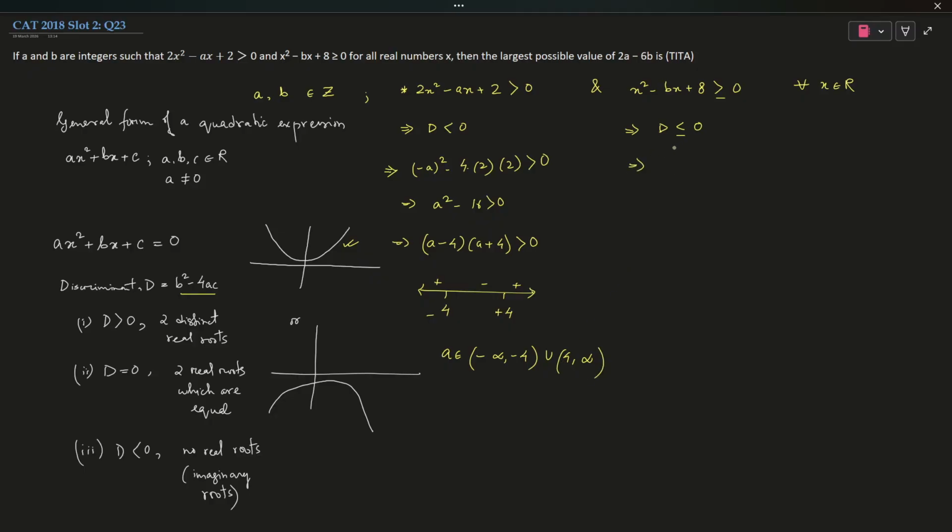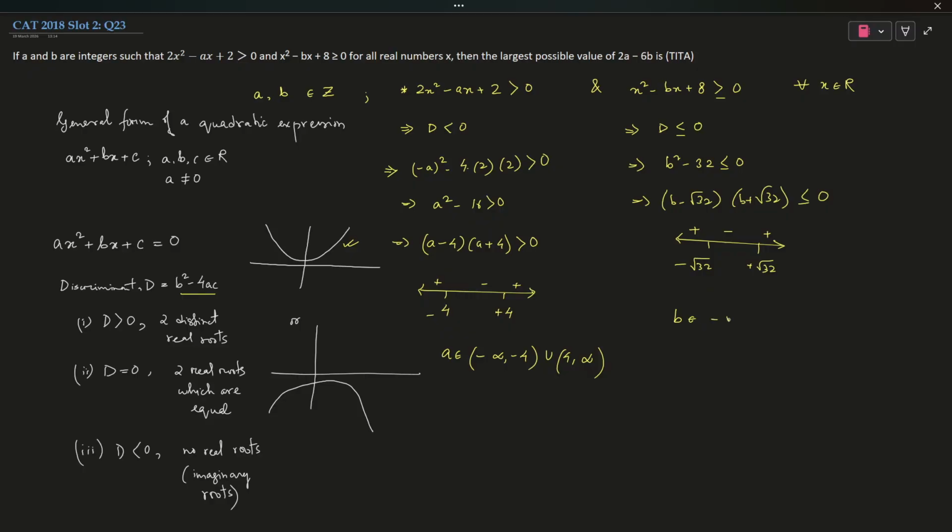Similarly, what will be the range of b? It will be b square minus 4ac, 32, is less than or equal to 0. I can write b minus root 32 into b plus root 32 is less than or equal to 0. So this is root 32 negative, this is plus root 32, plus minus plus, and less than or equal to 0.